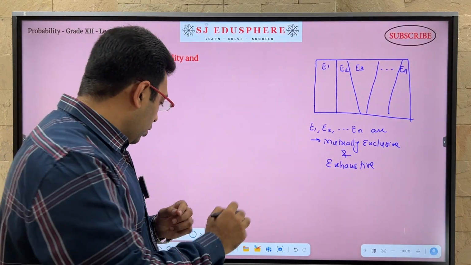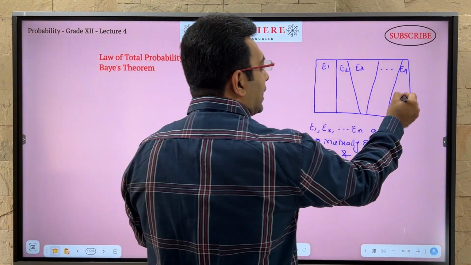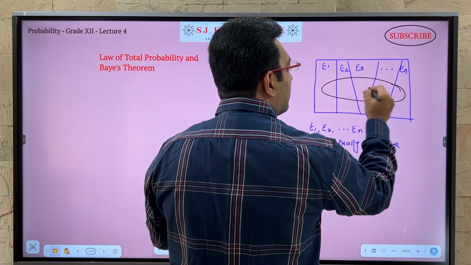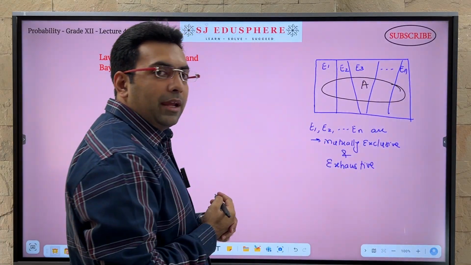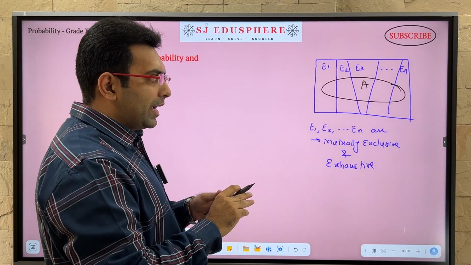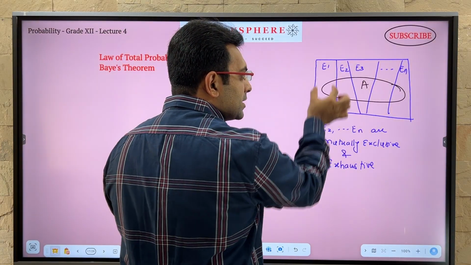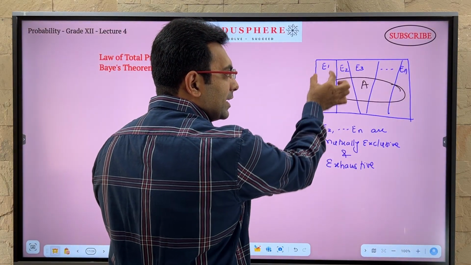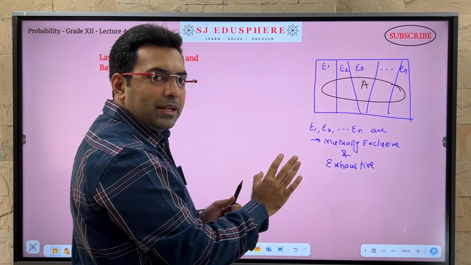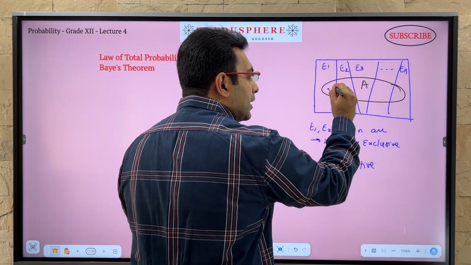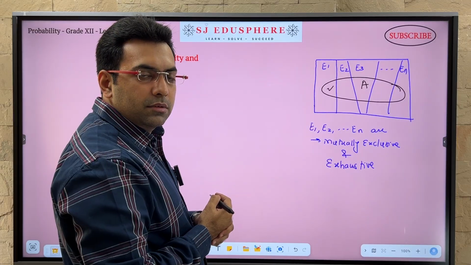You are interested to get a student whose name starts with the letter A. Look very carefully. Can I look at this part, students, and say this is in itself a sample space in which you are interested to get this part?